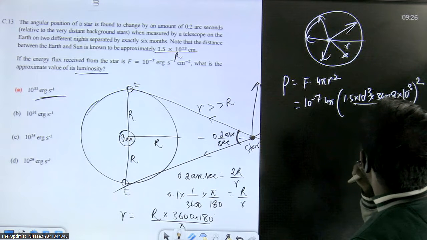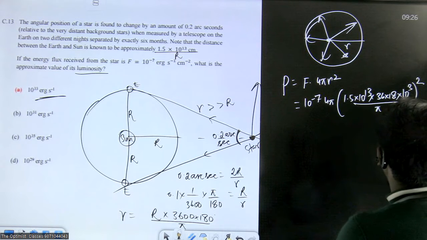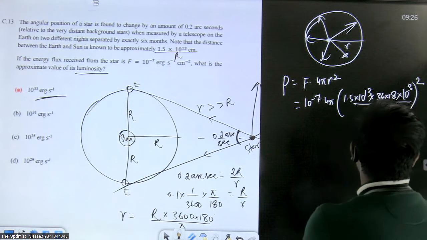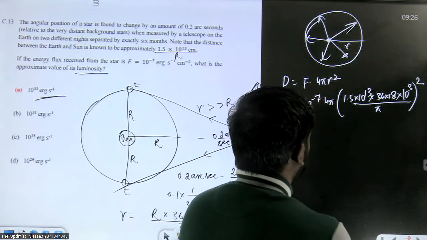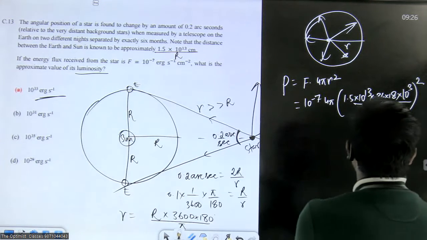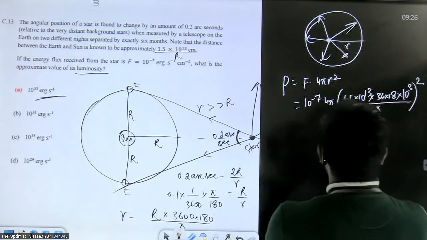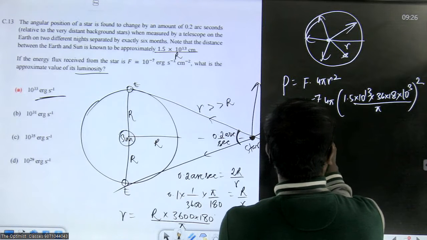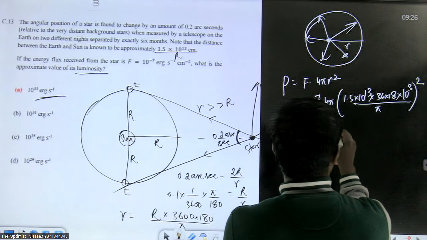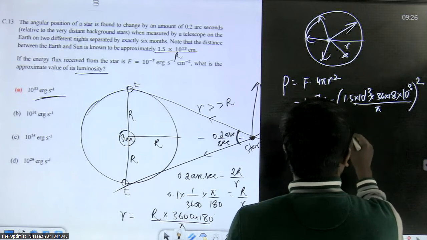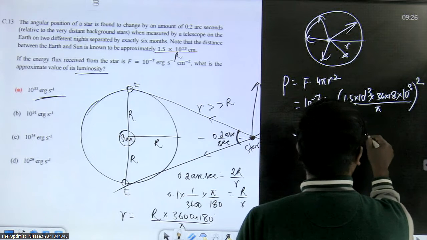Is it giving the correct order? Let's see. Yeah, so we can just approximate whether we are getting the correct order or not. 10 power minus 7, and here we have 4 pi, and this is 1.5 into 10 to the power 13.